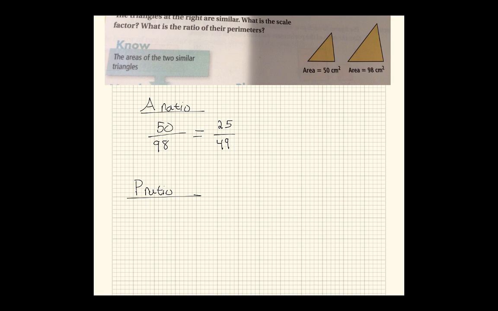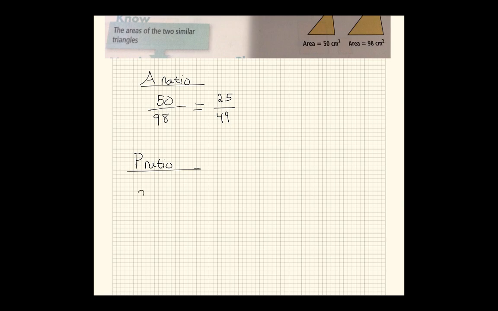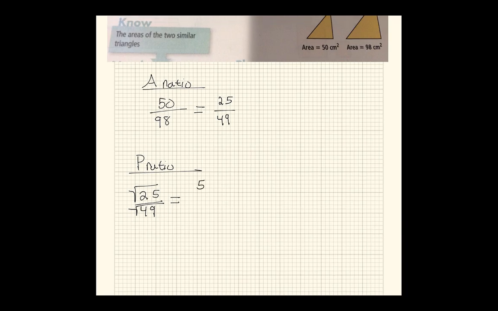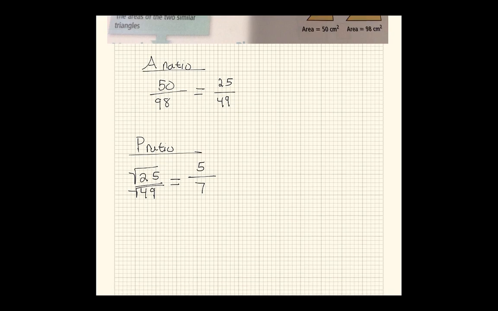So moving from area ratio to perimeter ratio, you take 25 over 49, and we're not squaring, we're square rooting both of those numbers. Nice thing is those are both perfect squares. The square root of 25 is 5, the square root of 49 is 7.